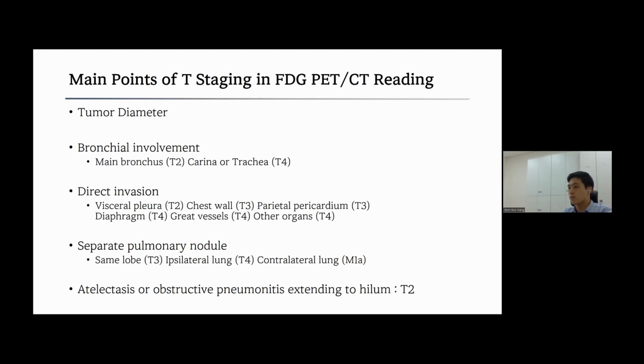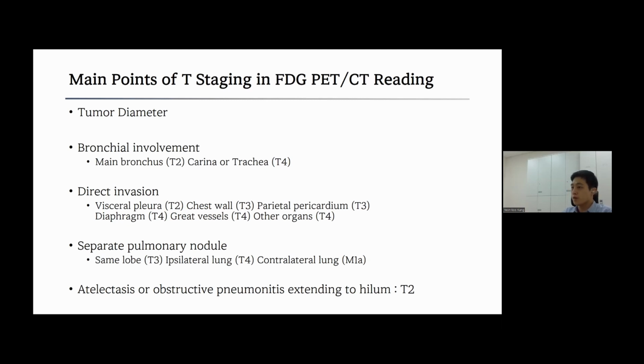Tumor diameter is the most important parameter, of course. In addition, when tumors are located centrally, bronchial involvement should be evaluated. Tumors are T2 when the main bronchi are involved, and T4 when the carina or trachea are involved.